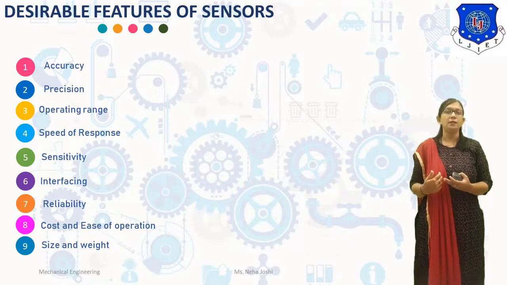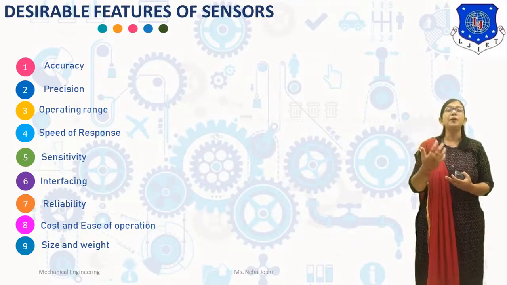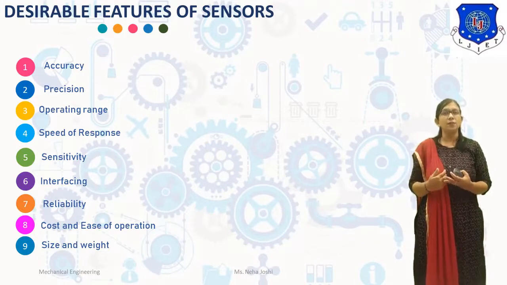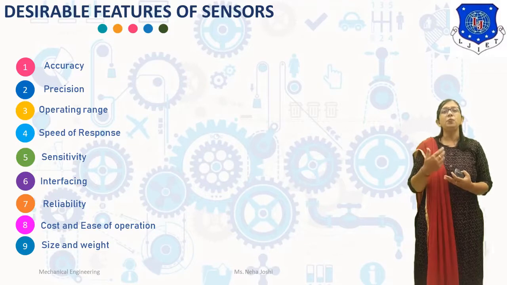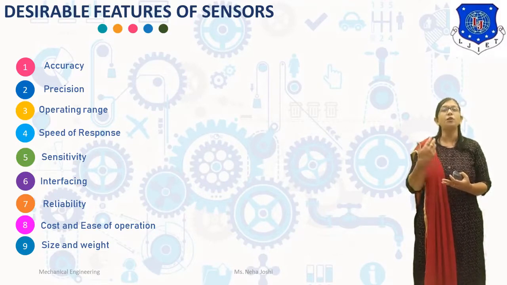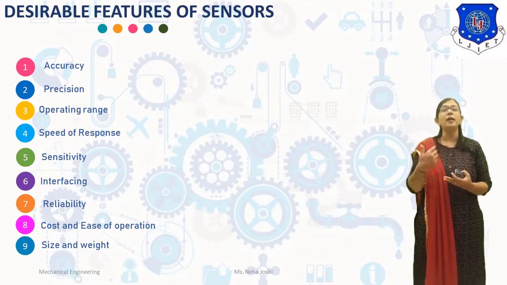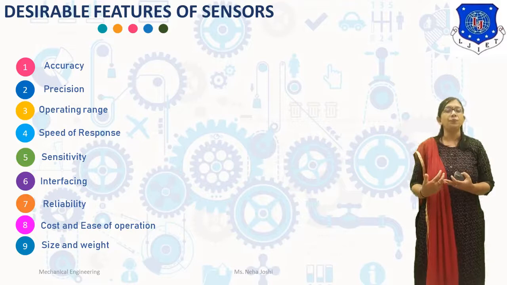Next one is precision. A sensor must be precise. The third feature is operating range. It is the difference between the smallest and largest output that the sensor can provide, or the difference between the smallest and largest input with which it can operate properly.